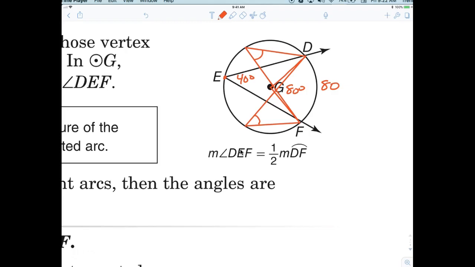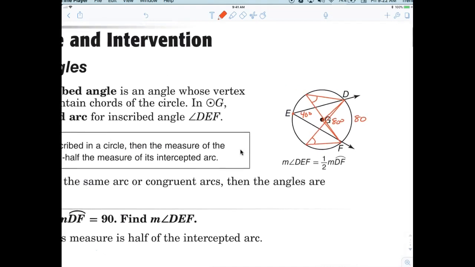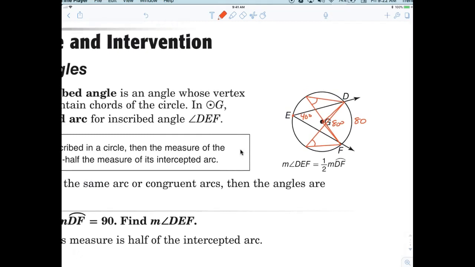A long time ago, the people who figured this out, that's how they used to draw right angles. They drew a circle, and then they knew what the diameter was. And then they could mark any point on the circle and draw that. And what's that angle? 90 degrees.